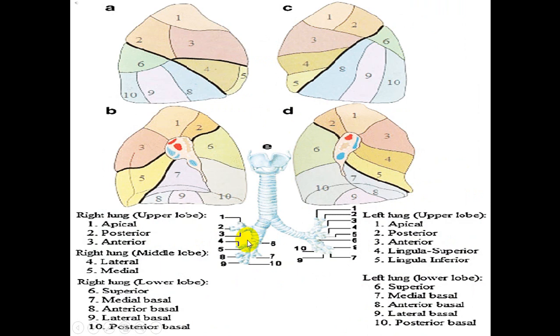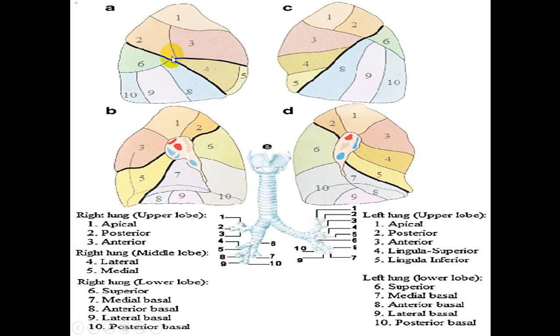Naming of the bronchopulmonary segments is done on the basis of the position of the tertiary bronchus arising from the secondary or lobar bronchi. And here you can observe in the superior lobe of the right lung, we have three bronchopulmonary segments, and number 1 is the apical, 2 and 3 are the anterior and posterior bronchopulmonary segments in the superior lobe.